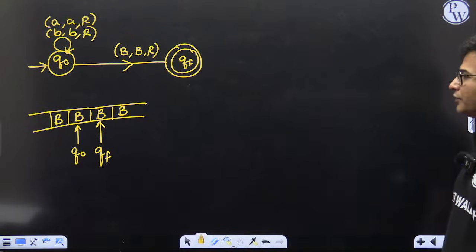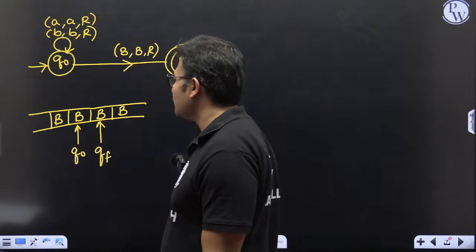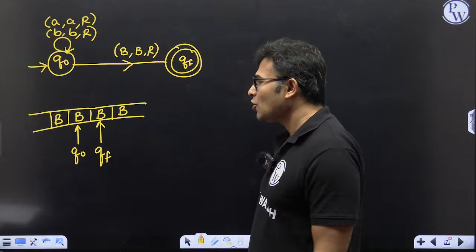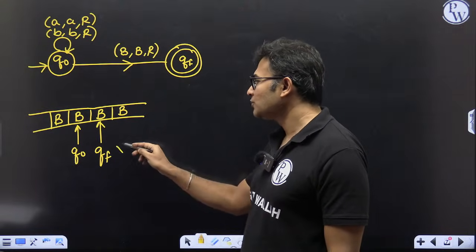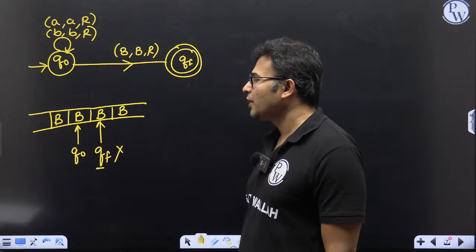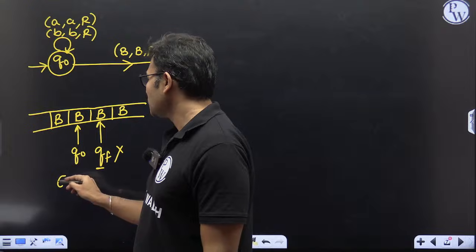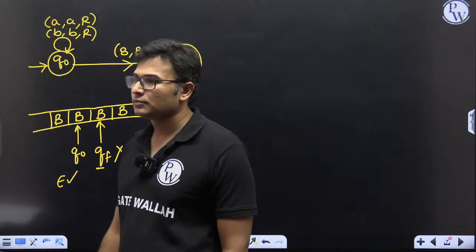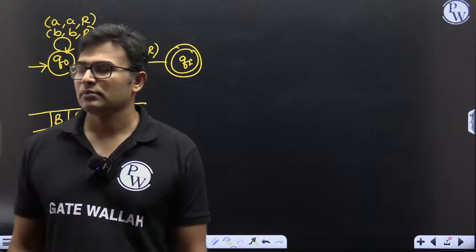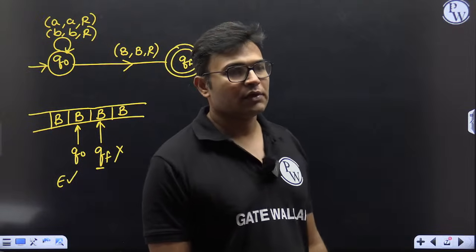Now QF on blank, nothing is defined. So this is a dead configuration. So the Turing machine will halt here. Now the Turing machine is halting on QF, therefore epsilon is accepted.